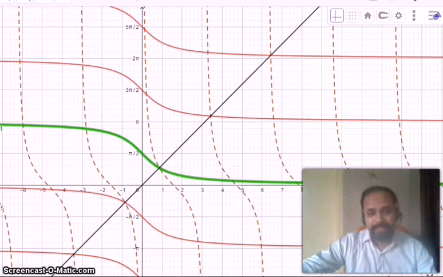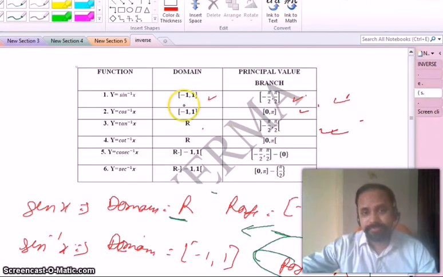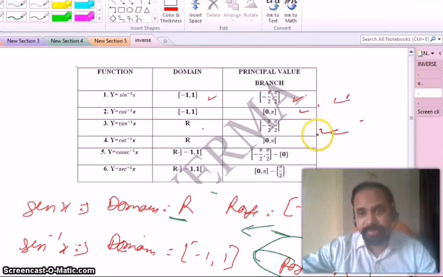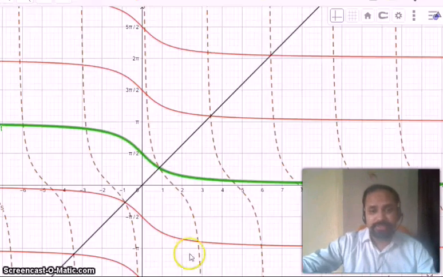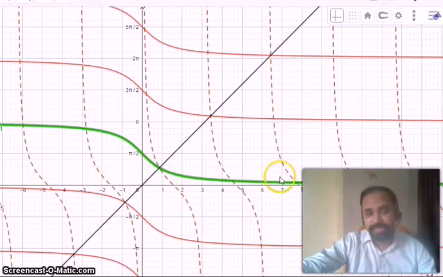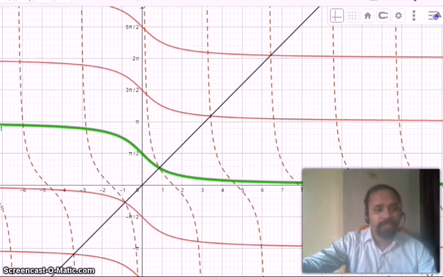Okay, then the principal branch value of cot inverse x will be, where is the cursor? Okay, this one. Domain is all real numbers. As you see in the graph, it is defined on the entire range of x, and the range will be from 0 to pi.